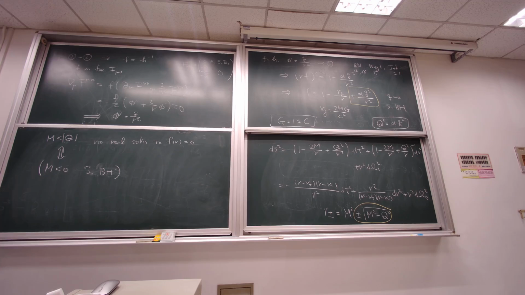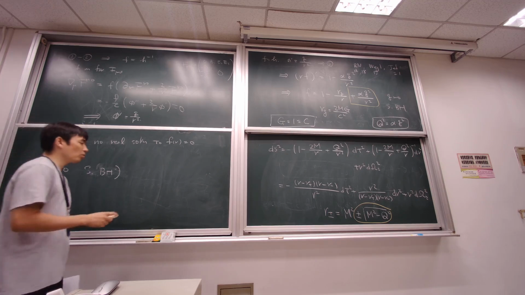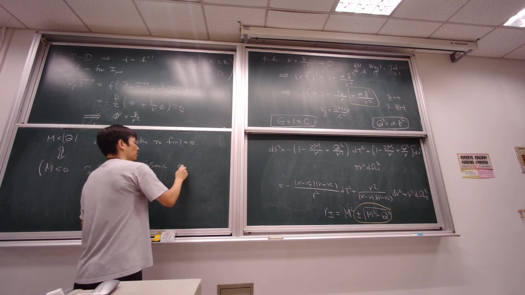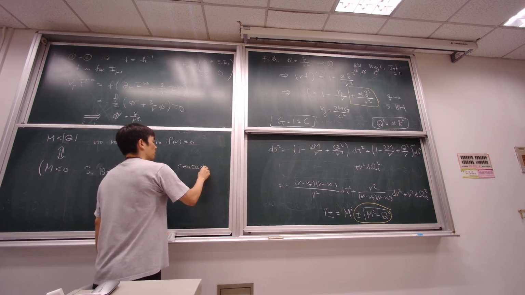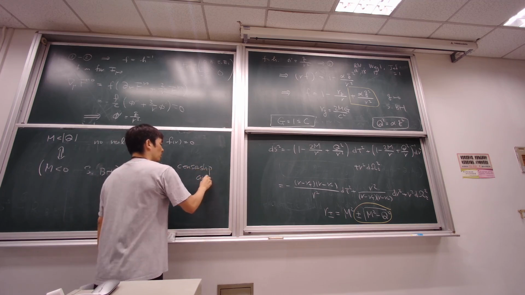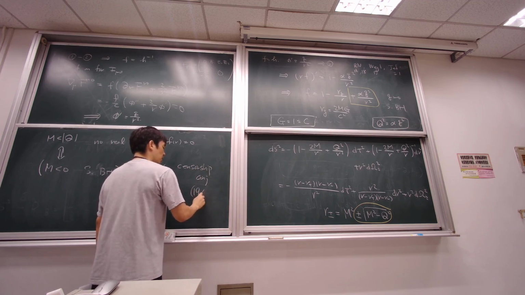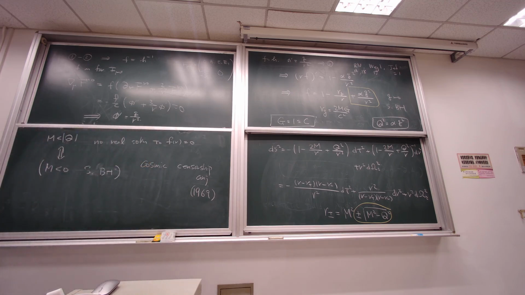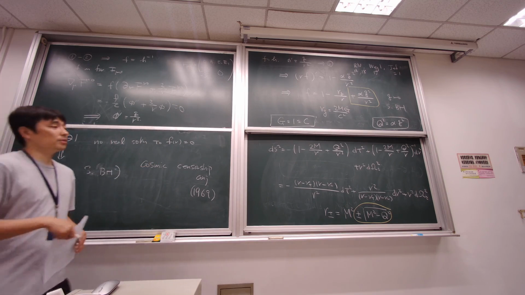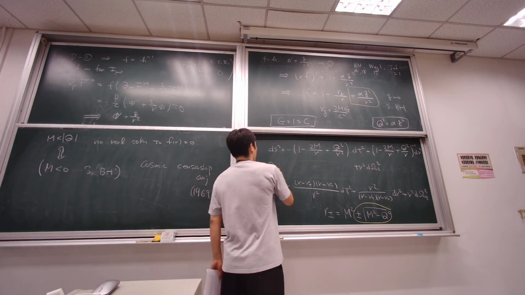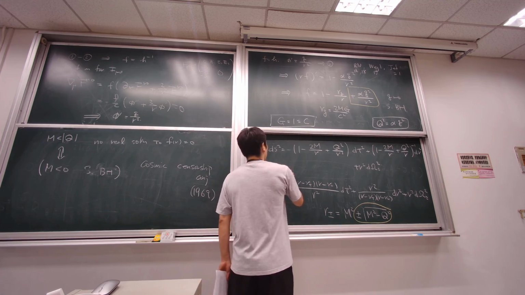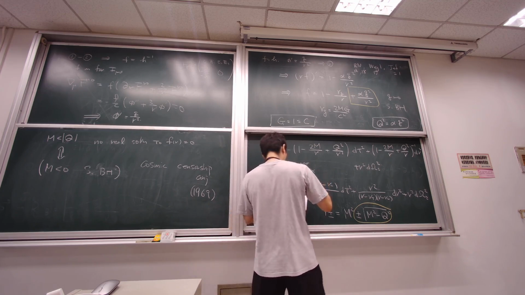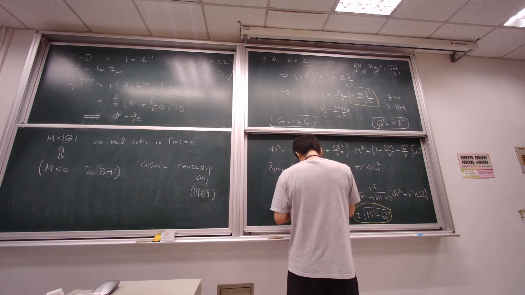So therefore, I think last time I talked about the cosmic censorship conjecture. This is 1969 by Penrose. It prohibits the naked singularity. So here again, if you compute the curvature R mu nu rho sigma, did I compute this one?